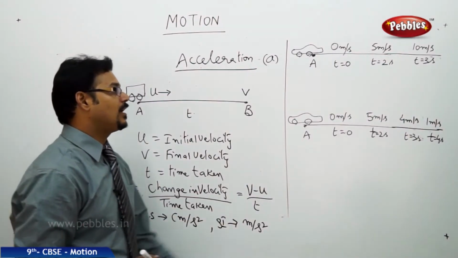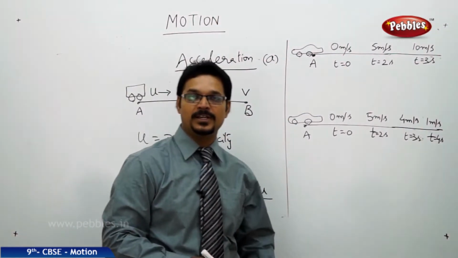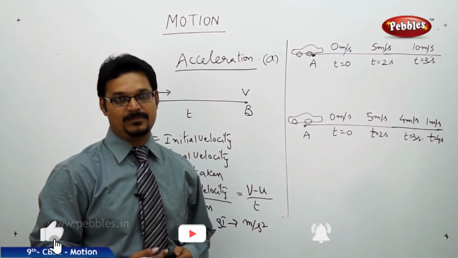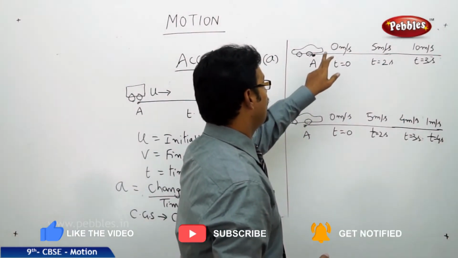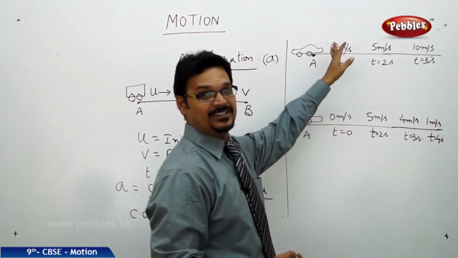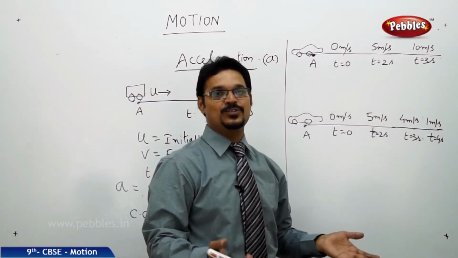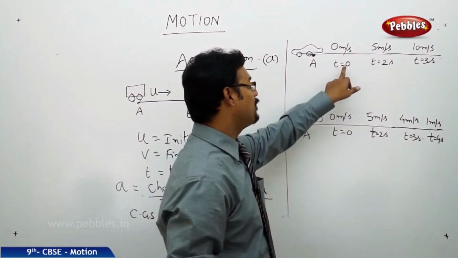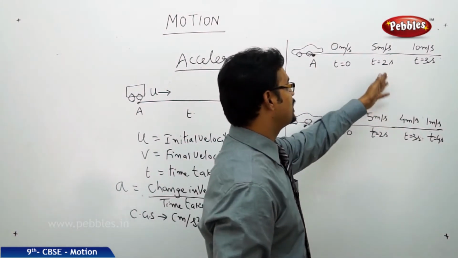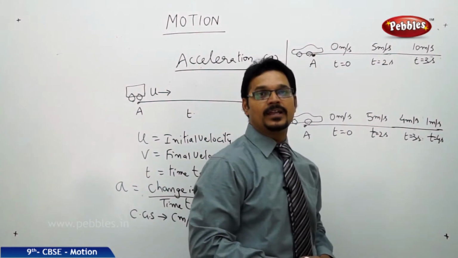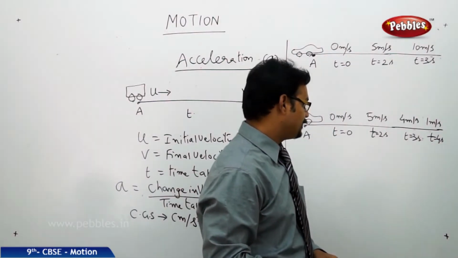Now, coming to this numerical, let me explain acceleration in more detail. See this numerical. The car is at rest. 0 meters per second means no speed, a rest state at time t equal to 0. At 2 seconds, it is at a speed of 5 meters per second.